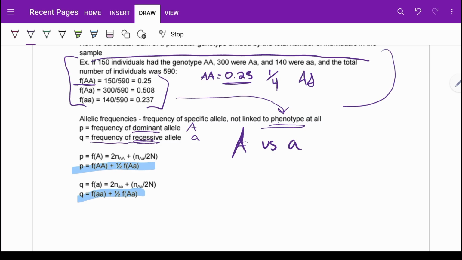If we look back at this example, P equals the frequency of capital AA, which is 0.25, plus 1/2 the frequency of capital A lowercase a, which is 0.508. This equals 0.25 plus 1/2 times 0.508, which equals 0.504.